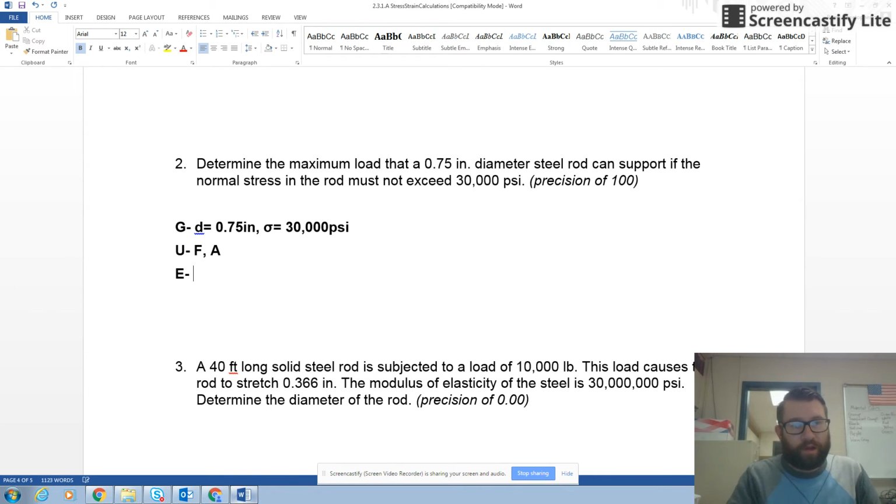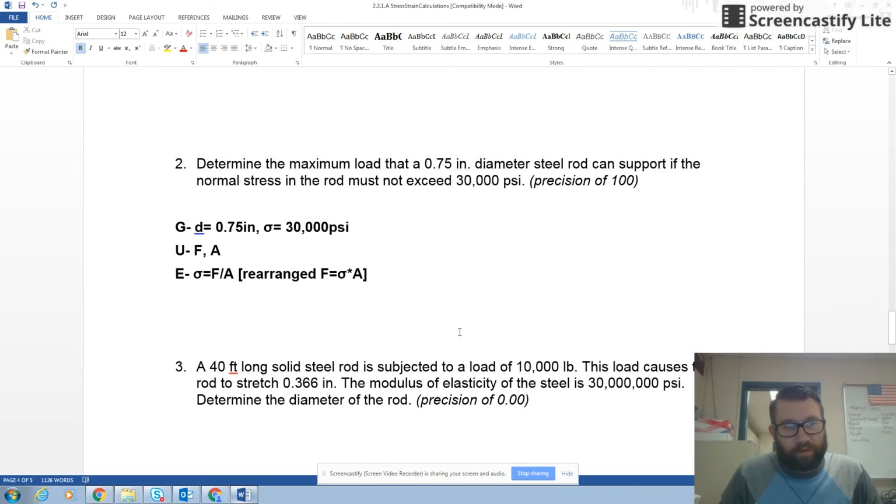My equations, right? I'm going to use the stress equation again, but this time I'm going to solve for force. So if I type in my stress equation, stress equals force divided by area, I can rearrange this. I'll show you what rearranged looks like. If I'm solving for force, I'm going to use stress times area. So F equals stress times area.